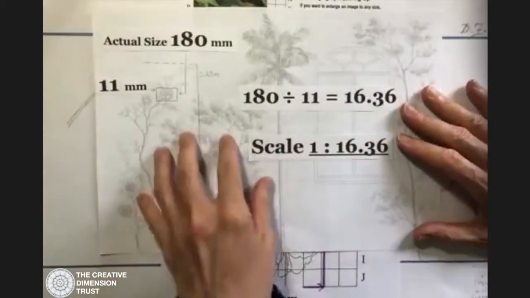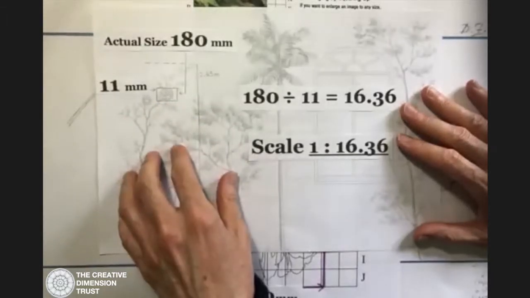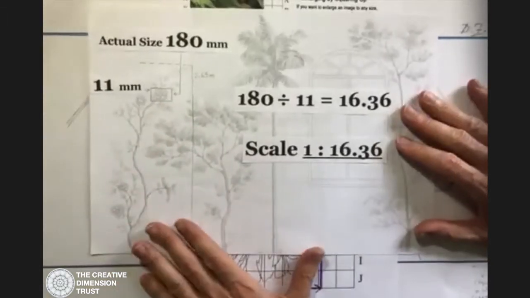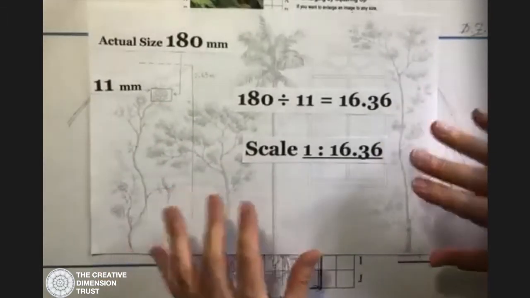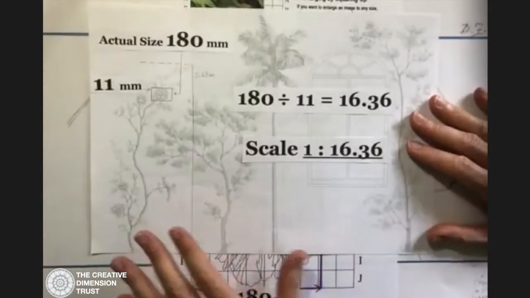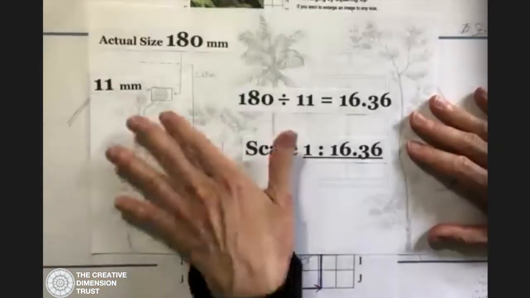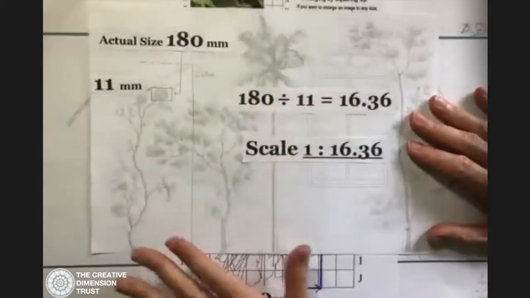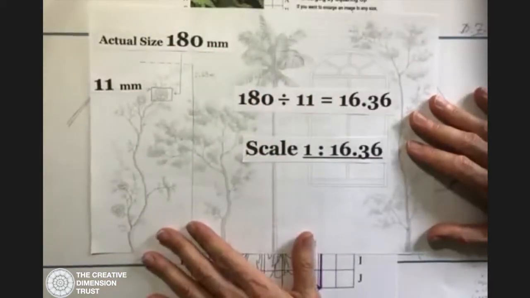So we've been working at A4, so it's a smaller version. And now we want to think about ways to enlarge it and scale it up to the actual size, which could well involve, once you've done that, joining lots of your A4 sheets of paper together. So we're going to look at ways to do that as well.